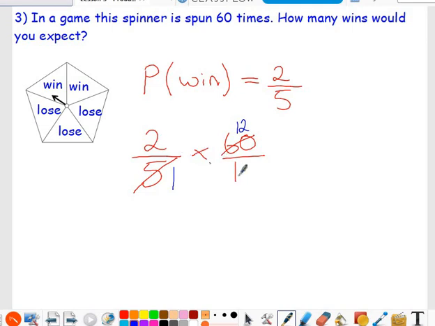The biggest number that goes into 1 and 2 is 1. So we end up with 2 over 1 times by 12 over 1, which equals 2 times 12 is 24 over 1, which equals 24. So we would expect to win 24 times.